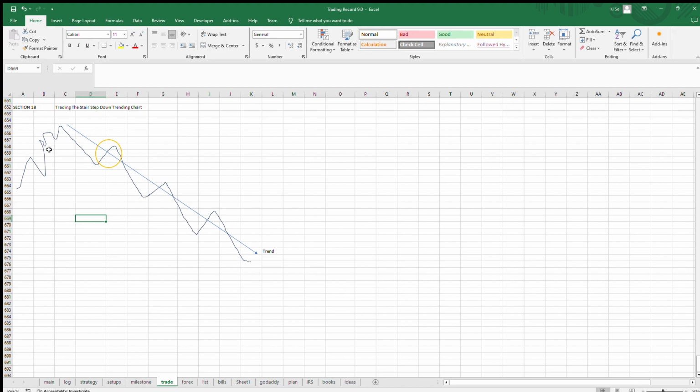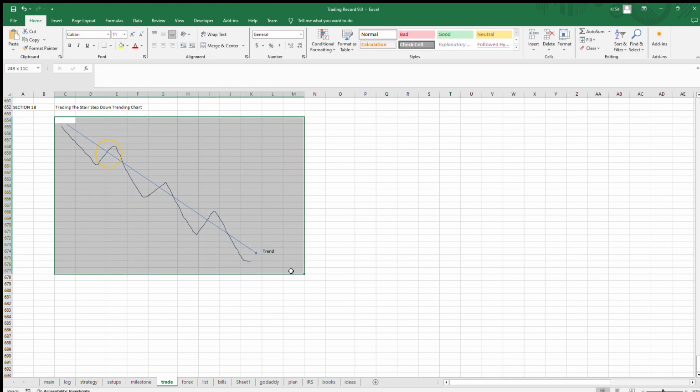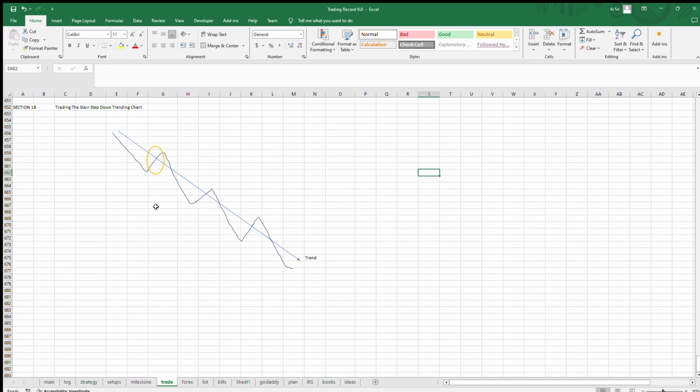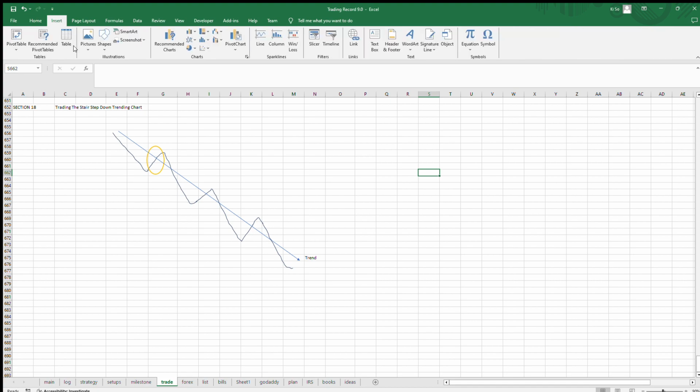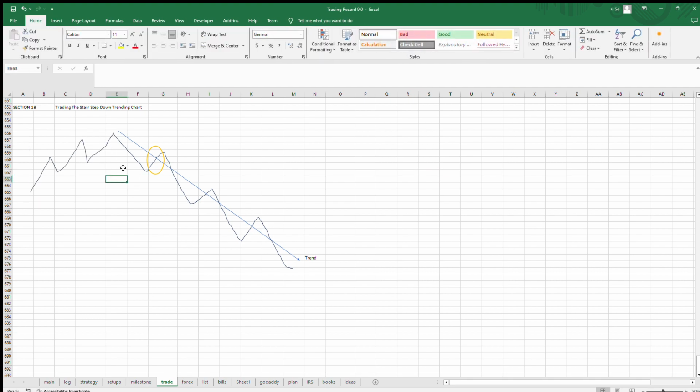So the market does this, and so I get to this point right here to get to this point right there. It's possible what it did was it went up, did a pullback, went up, pulled back, and then went up, and then ultimately it changed course and started to come back down.